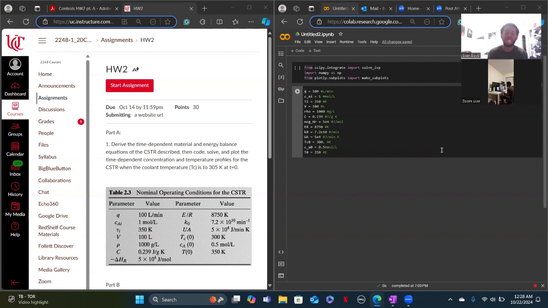And then for TC, we are not using the one that's stated here, but we're using 305 Kelvin. And then the initial concentration at time equal to 0 is 0.5 moles per liter. And the temperature at time equal to 0 is 350 Kelvin. Okay. So now that we stated that, let's start coding.